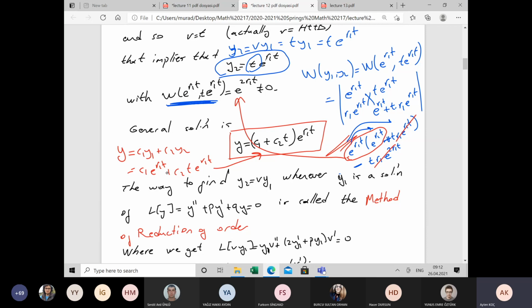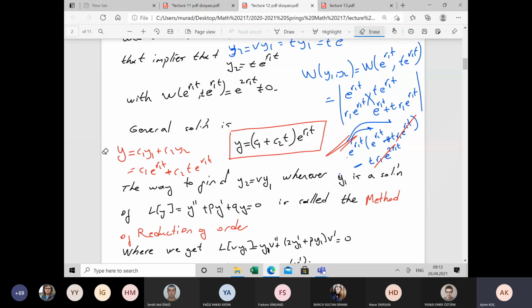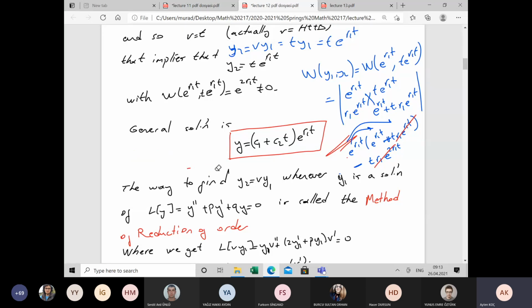Okay. Let's give an example to understand this one. And this method, the way to find y sub 2 as v times y sub 1, is okay whenever y sub 1 is a solution of our differential equation.